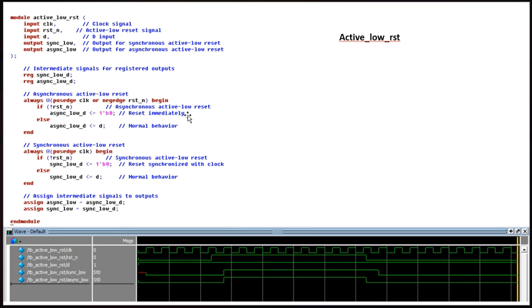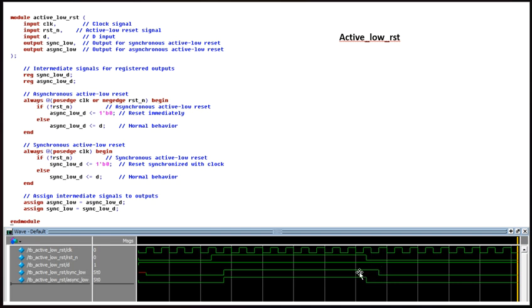So if we give this code to the tool, then this waveform will come. Here we can see that whenever the reset is applied, the synchronous reset is synchronous with the clock edge, meaning it gives output at the next clock edge.